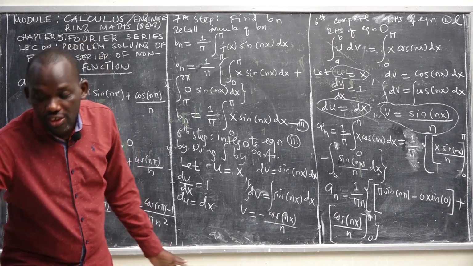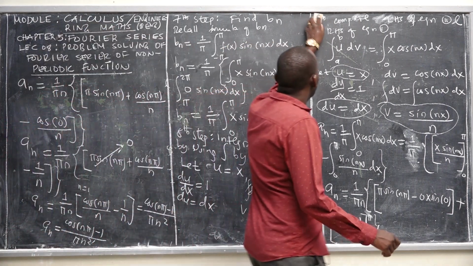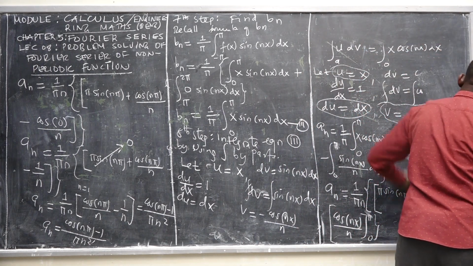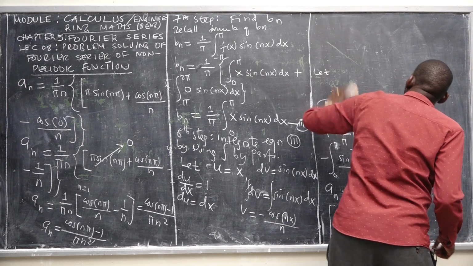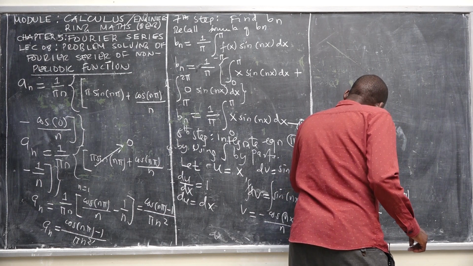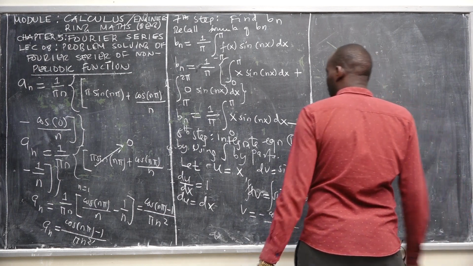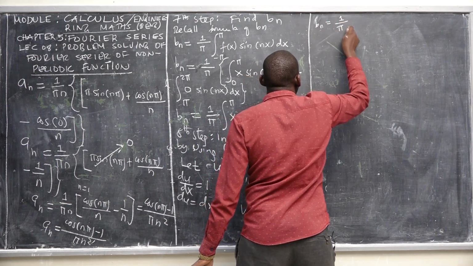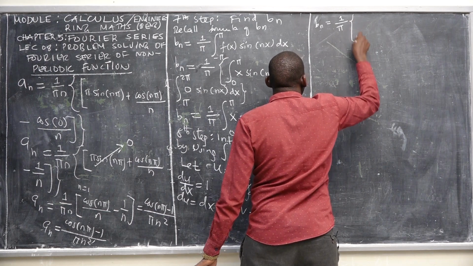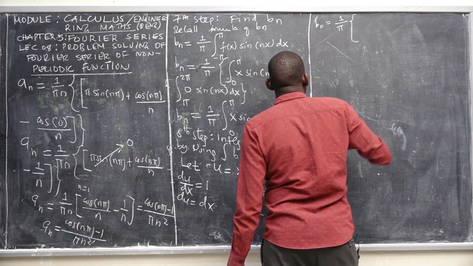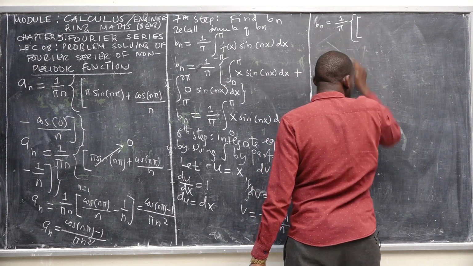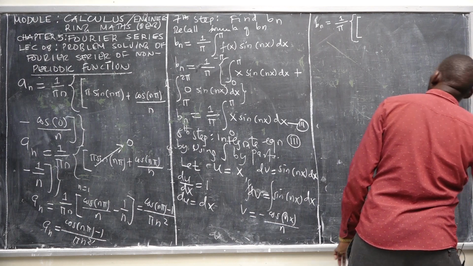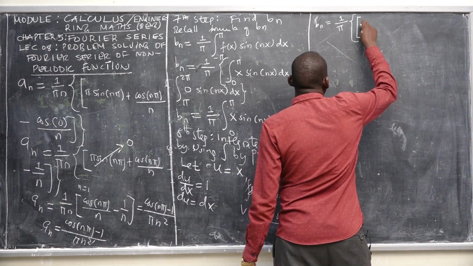Next you have to substitute on the right hand side of equation 2. Then Bn is equal to 1 over pi, then open the curly bracket. Students, mention, you are writing. What is u? x.